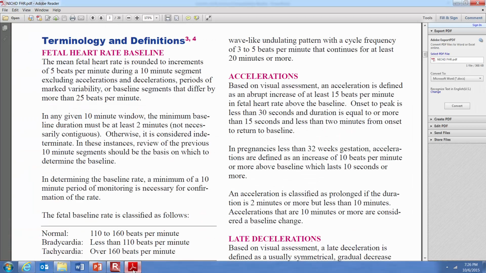Okay? So let's go back. So we're looking at that tracing in a 10-minute period. Okay? We need to see at least 2 minutes in that 10-minute period, okay?